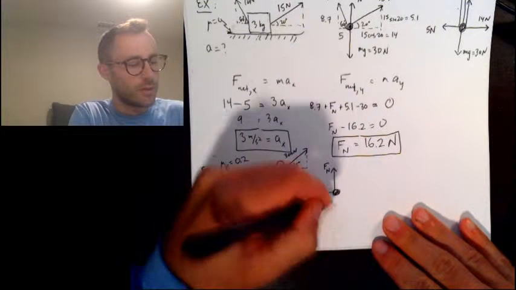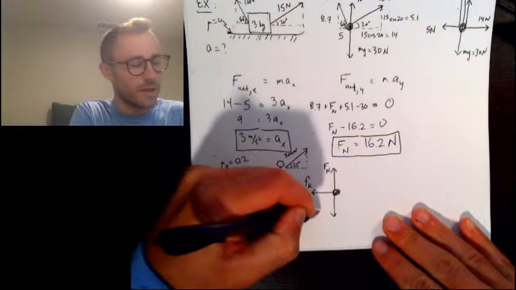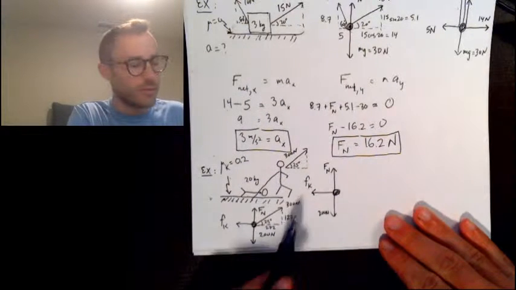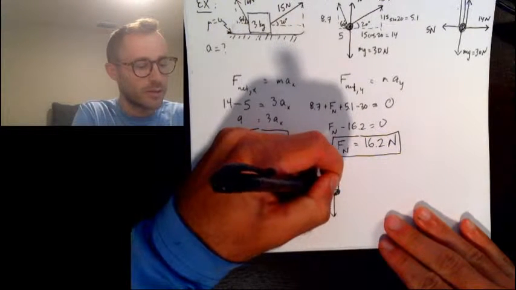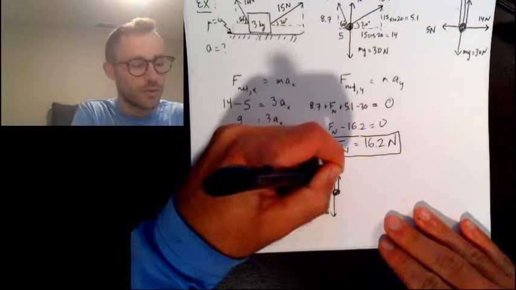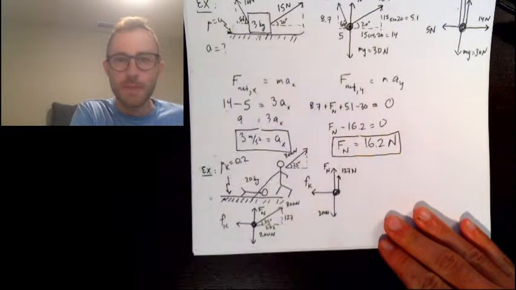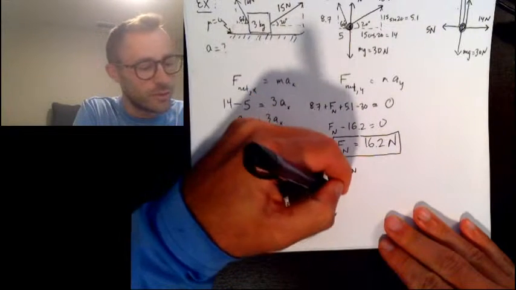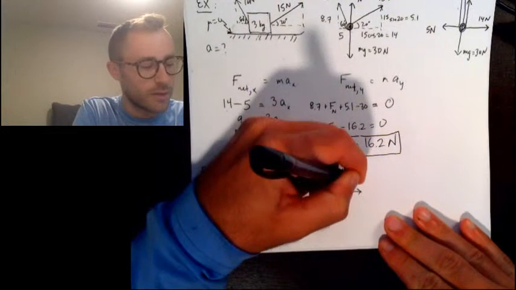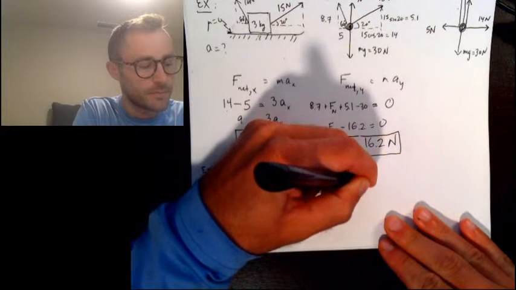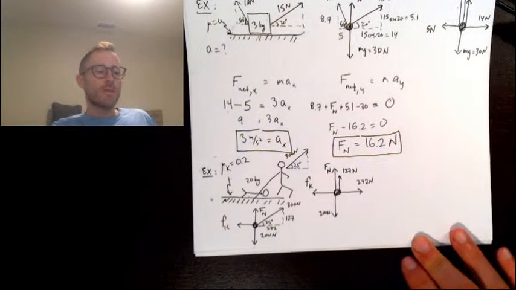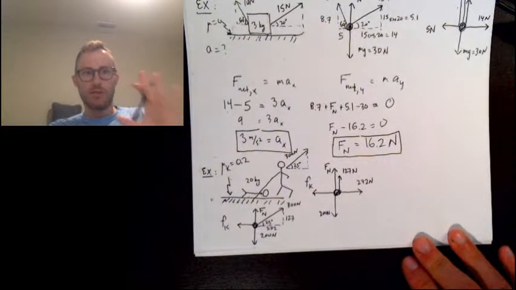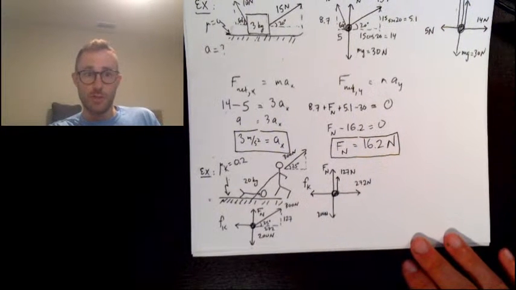I have 200 newtons going down, that's the weight force. And then I have the 300 Newton force, which can be thought of as 127 newtons going up and 272 newtons, my bad, going to the side. Okay? So that is a free body diagram all set up for us to do computations.